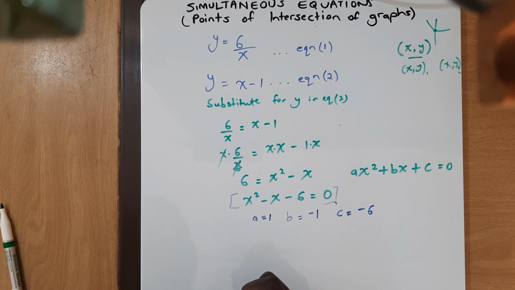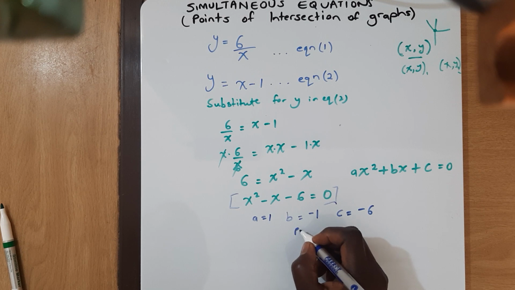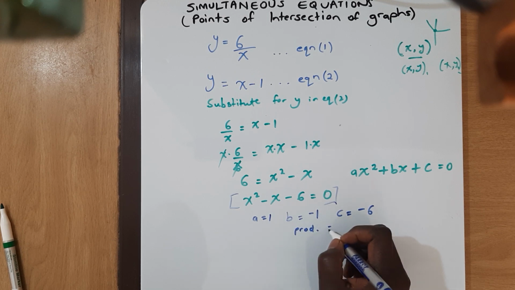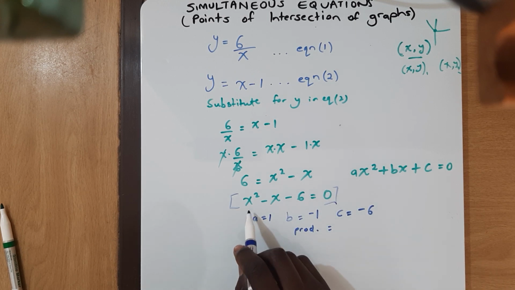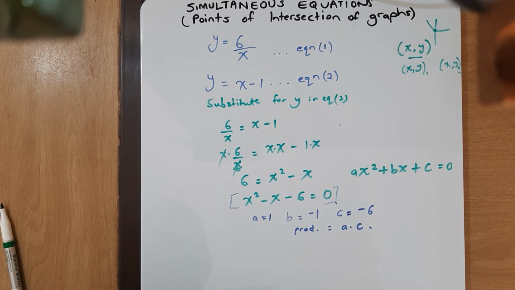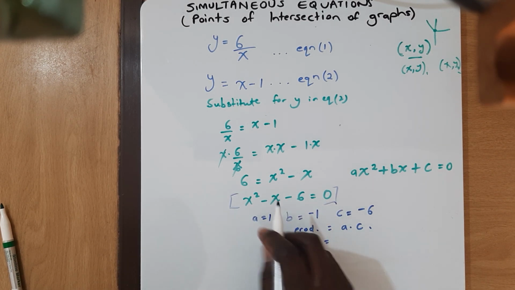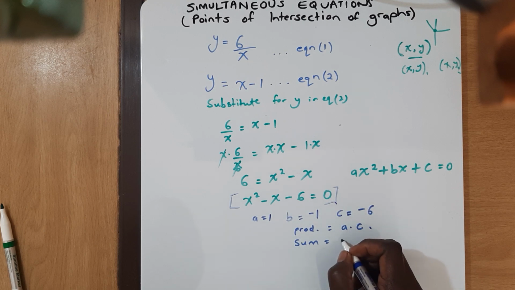Okay? So, remember, in solving quadratic equations, we say we want numbers whose product is a times c and whose sum is b.